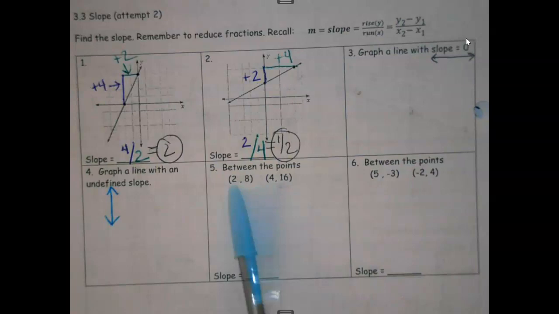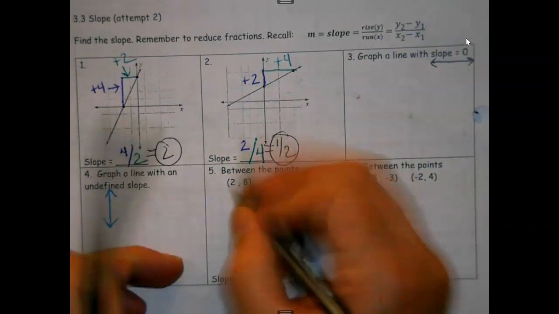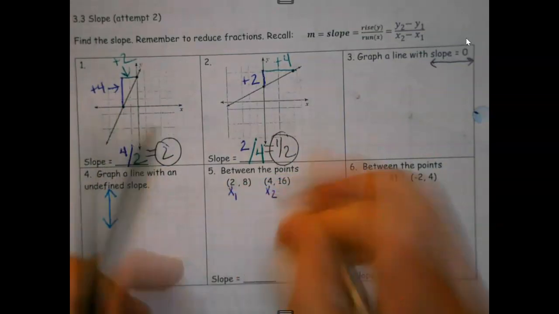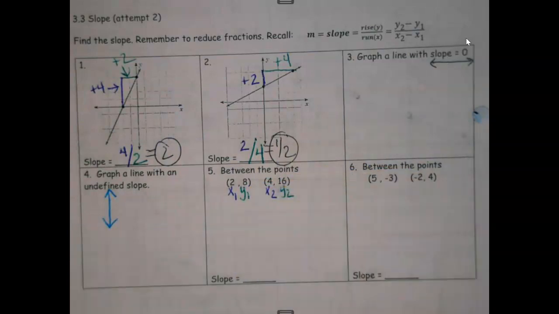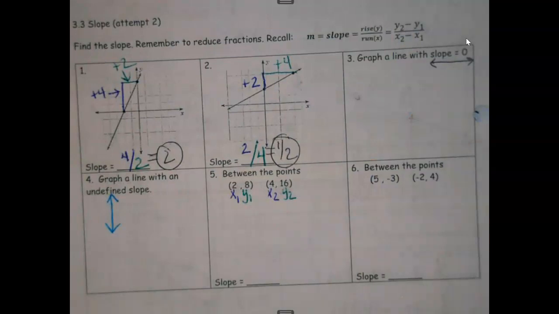Okay. Between the points, you've got your formula. All you got to do, label your x's, label your y's, and literally substitute in. That's it.